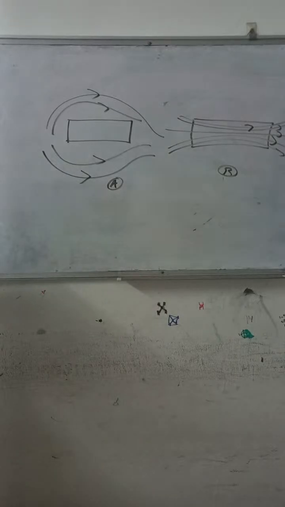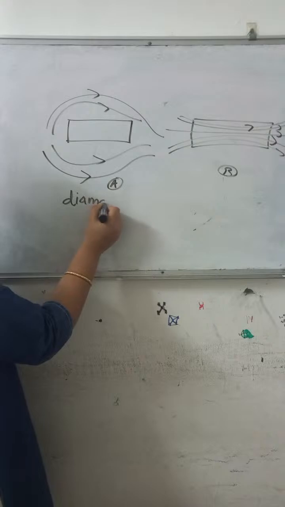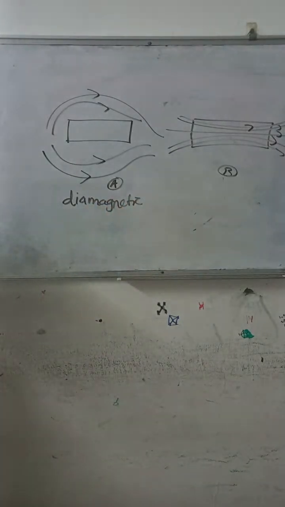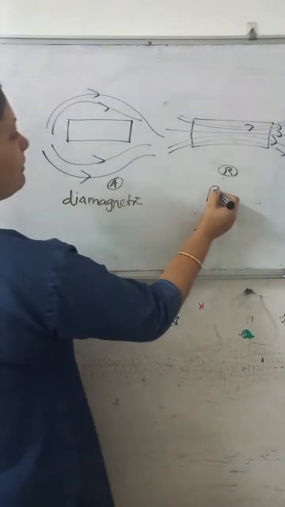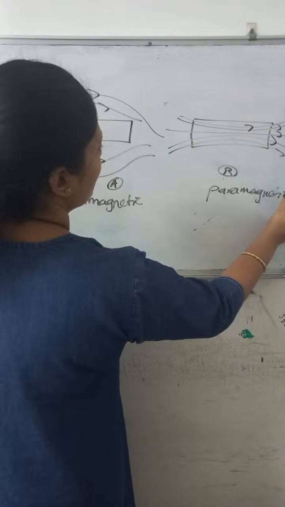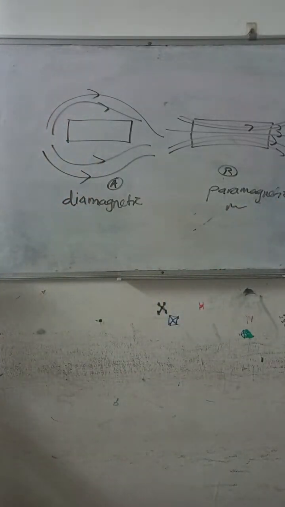Just now we saw this is the diamagnetic material, and B is a paramagnetic material. For correct identification, you will get 1 mark.